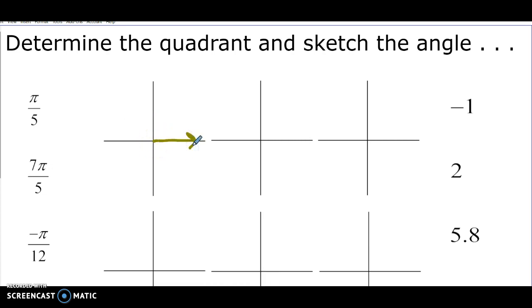If this is pi over 2 and this is pi, where would pi over 5 fall? Well, pi over 5 is between 0 and pi over 2, so I know it's going to be in quadrant 1.